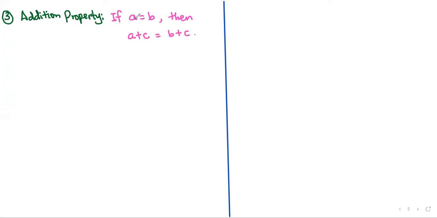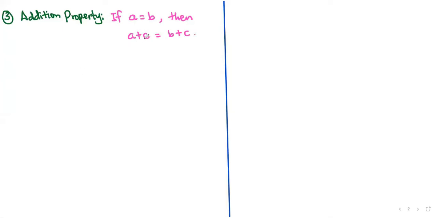So it's like you have A is equal to B. If you get A, you add there C. It will be equal to when you get B, you add there C. Otherwise, if you only add C to A, these two things will not be equal. So what you add on the left-hand side, you must add on the right-hand side for the equation to balance.